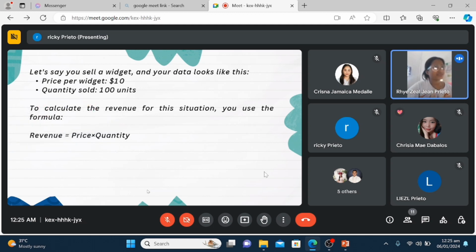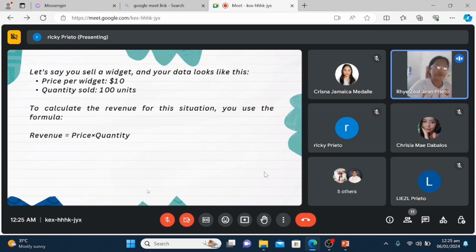Since we are here, I have an example data to present. Let's say you sell a widget and your data looks like this. Your price is $10. The quantity sold is 100 units. To calculate the revenue for this situation, you use the formula: revenue equals price times quantity sold.